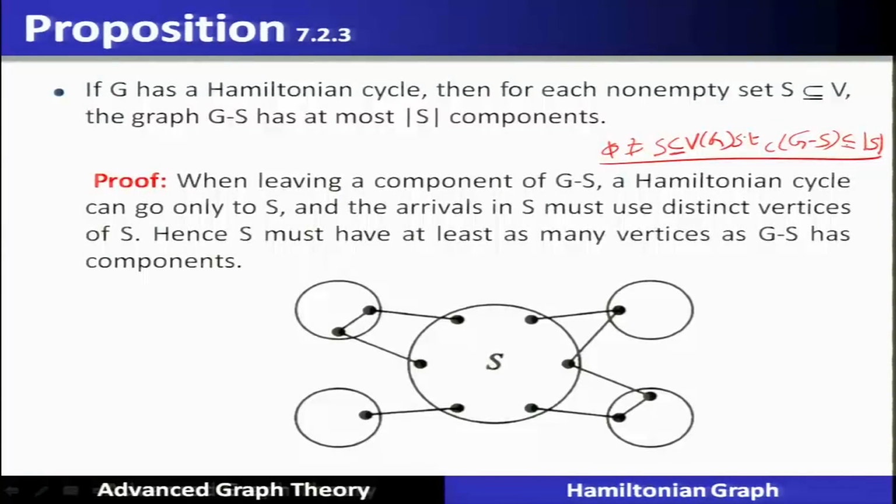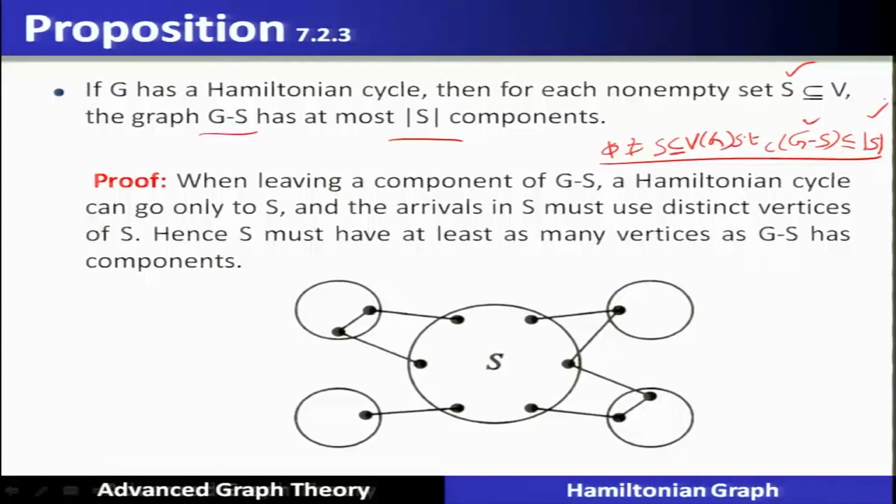If G has a Hamiltonian cycle, then for every subset S, the graph obtained after removing that S, that is G minus S, has at most S number of components. So, the number of components will be less than or equal to the cardinality of S.